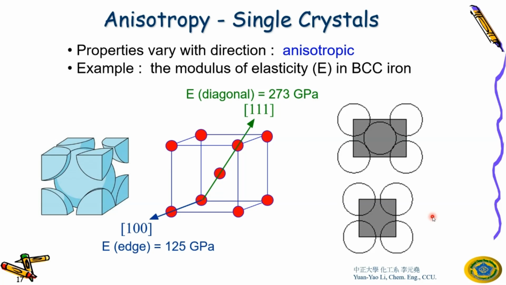Because it's a different linear density. In one case, you pull 3 atoms, in the other you pull 2 atoms. Of course, this number will be more difficult compared to this one, so the number will be higher. But you need to measure it, and you need to calculate the linear density.